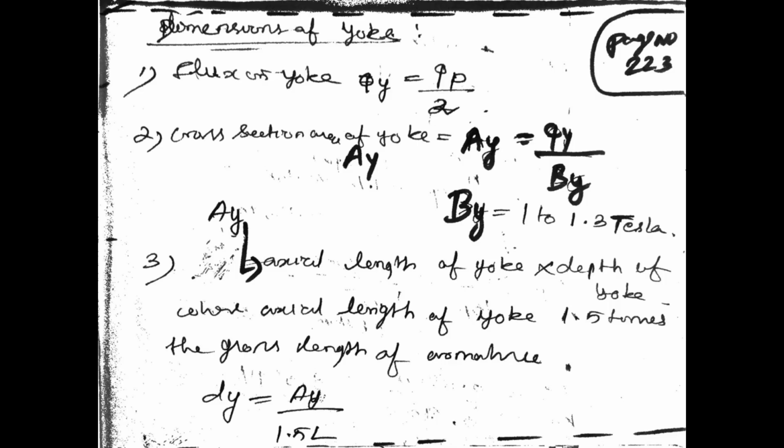Second point, cross-sectional area of yoke, capital AY is equal to phi Y divided by BY. BY is equal to 1 to 1.3 Tesla. Third point, AY is axial length of yoke into depth of yoke, where axial length of yoke is 1.5 times the gross length of armature. DY is equal to AY divided by 1.5 capital L.